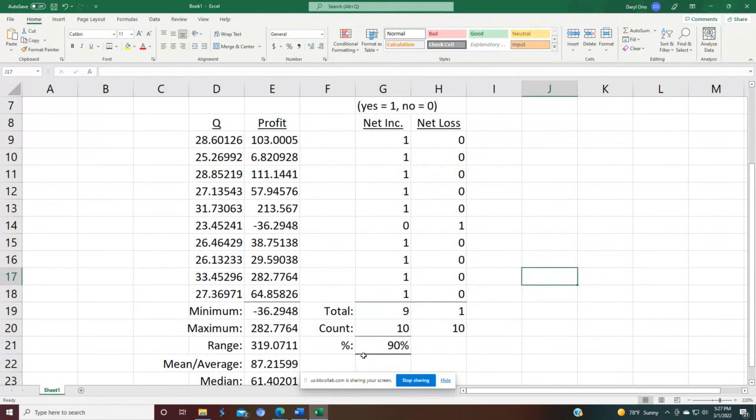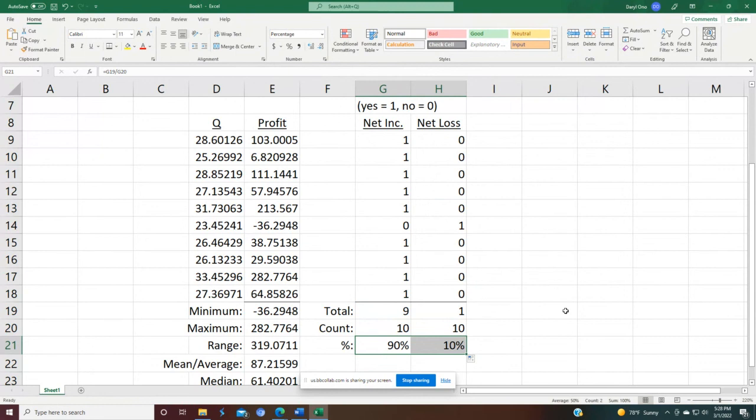So basically here, our simulation ran a net income 90% of the time. And same token here, if it runs a net income 90% of the time, then it's going to run a net loss 10% of the time.